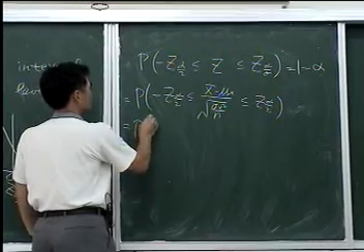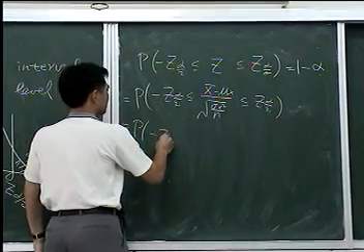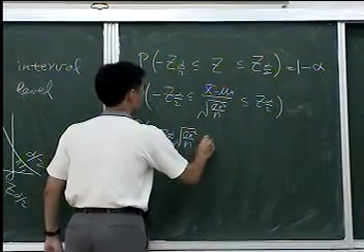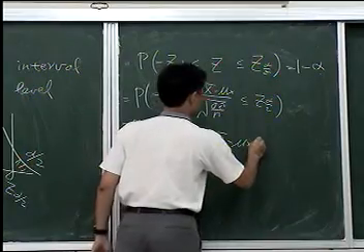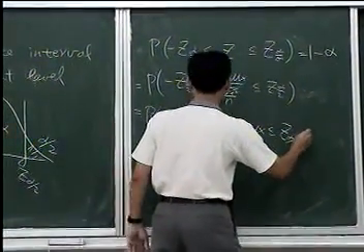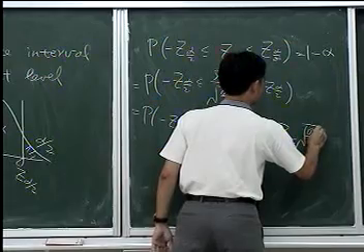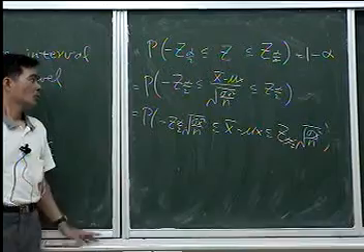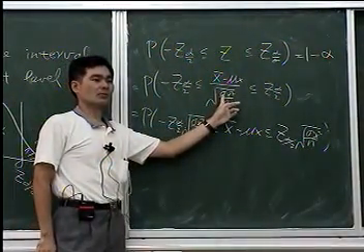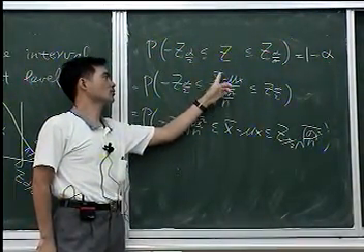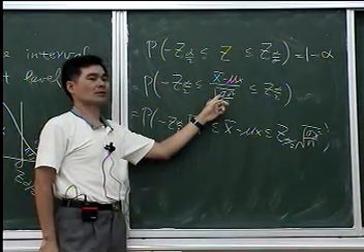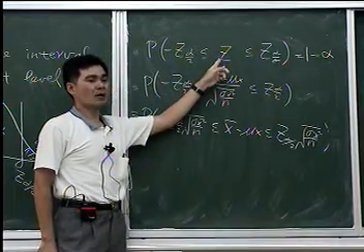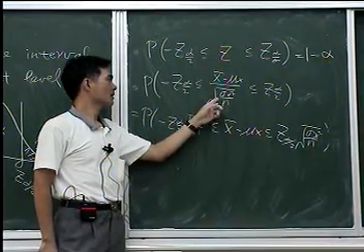It should be P. Any questions so far? We want to get rid of this, so we multiply by this, which is the standard deviation of x bar, and then we get this.